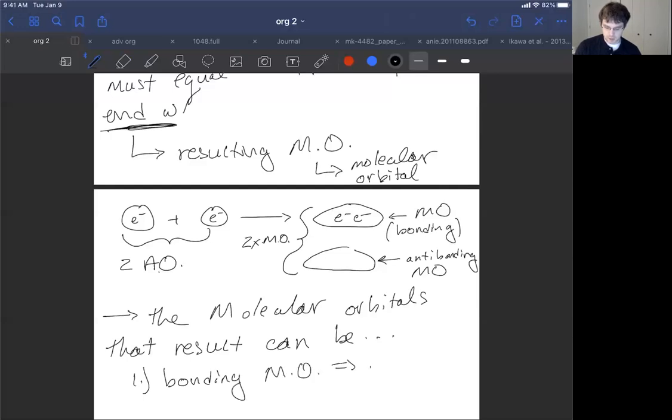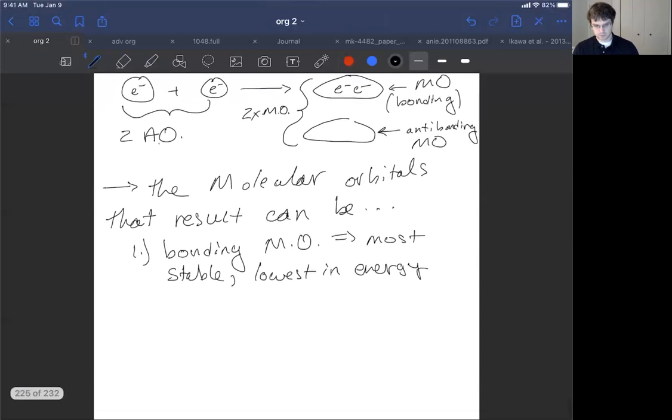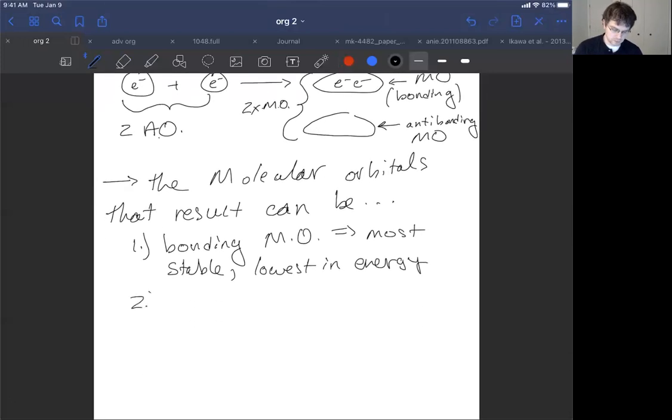And the bonding molecular orbitals are most stable or lowest in energy. They can either be bonding or anti-bonding molecular orbitals. And these are the least stable or highest in energy.